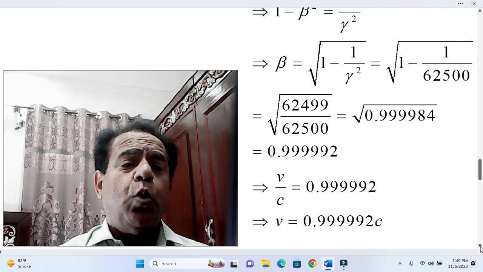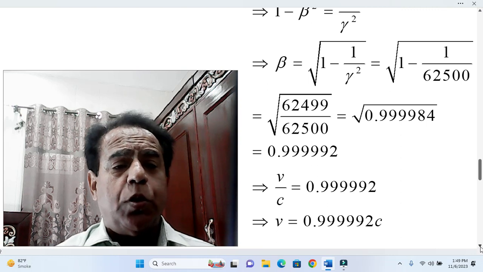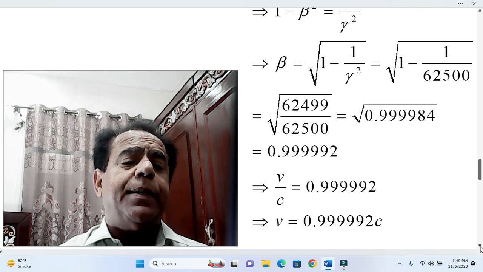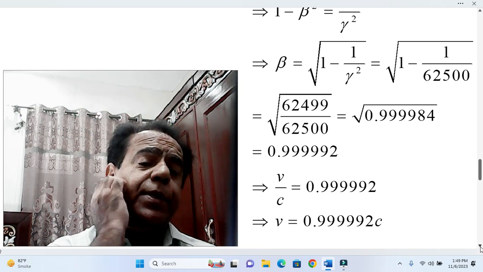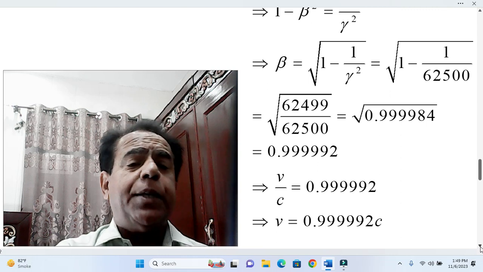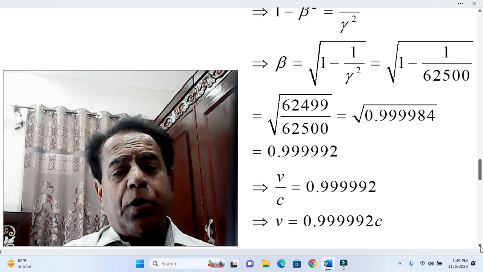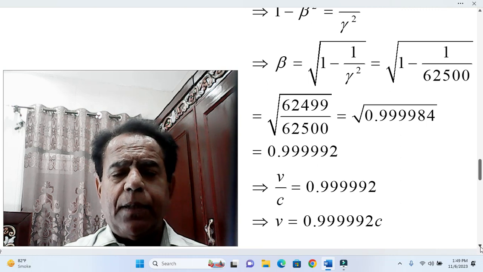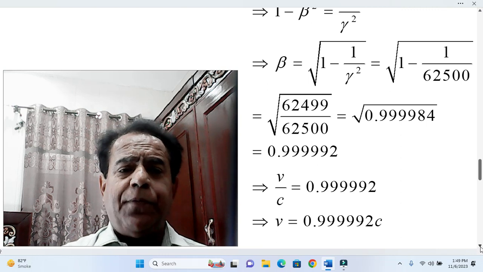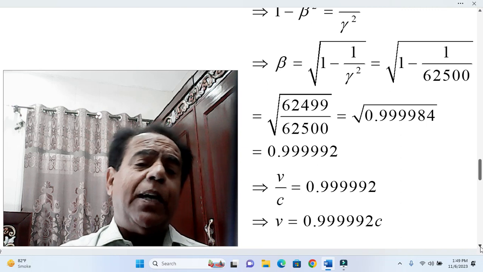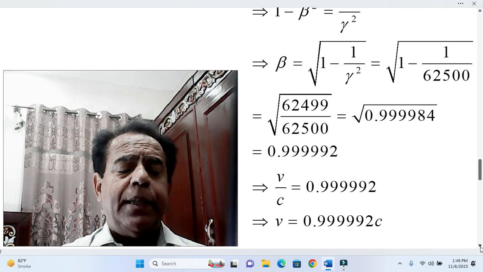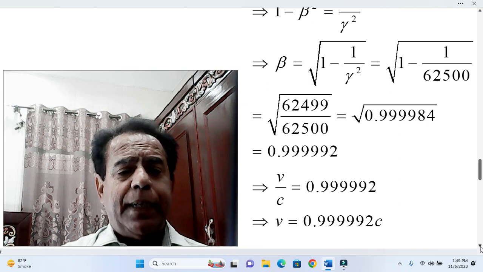So our beta will become equal to under root of 62,499 divided by 62,500. This becomes equal to under root of 0.999984, and when we find the value of this under root, it becomes equal to 0.999992, that is five 9s and then 2.